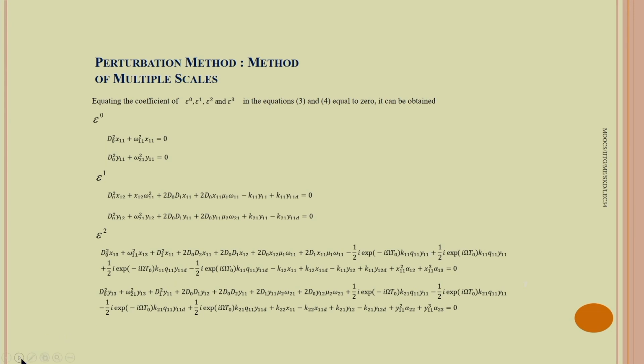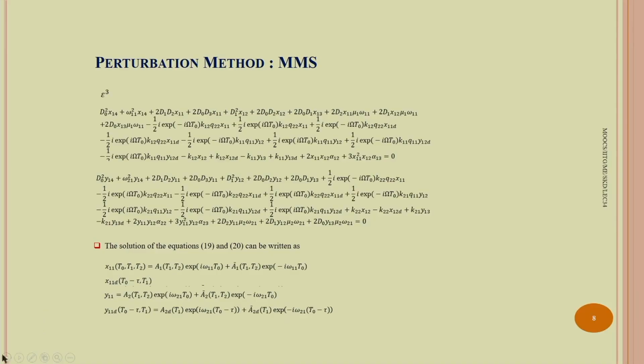Here you can recall that we have to find the secular terms, and eliminating those secular terms we will get the reduced equation. As we are taking up to epsilon square, you can take up to epsilon cube. So, this equation is written up to epsilon cube.